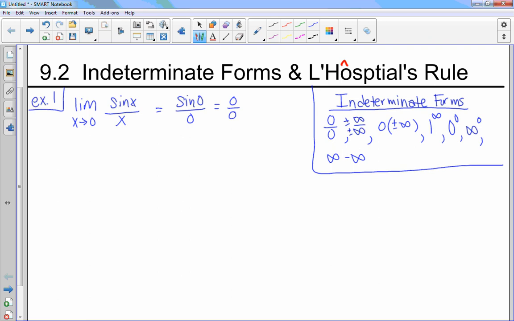So the first two are really the ones you'll probably run into most frequently, I think. The others are also considered indeterminate forms. So we have this guy, L'Hopital, who found a way for us to attack an issue where we can limit the indeterminate form. And it's pretty quick, simple.